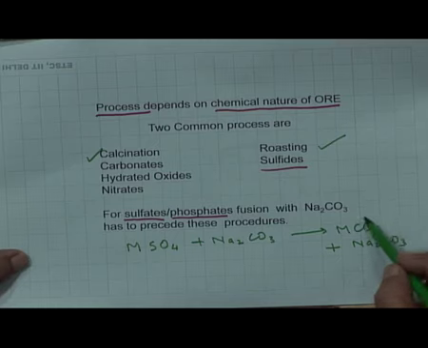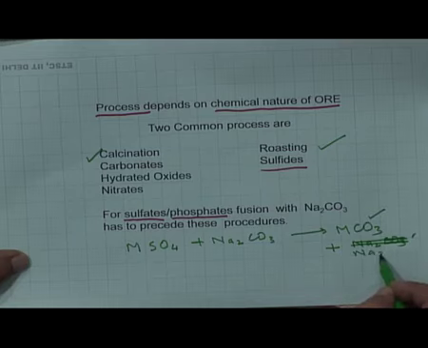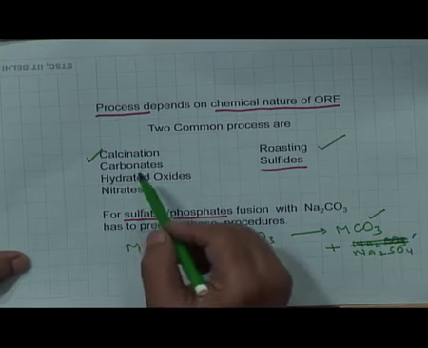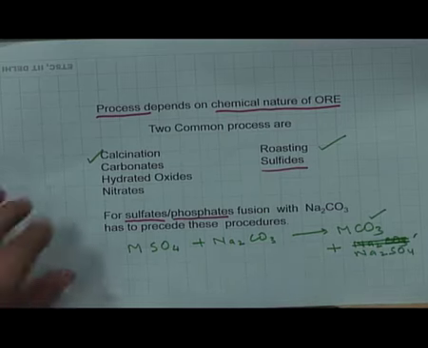This converts the metal into carbonate, and the sulphate is converted into sodium sulphate. Now, this sodium sulphate can be easily washed out with water, leaving the metal carbonate, and this metal carbonate can be calcined like a natural carbonate to oxides.